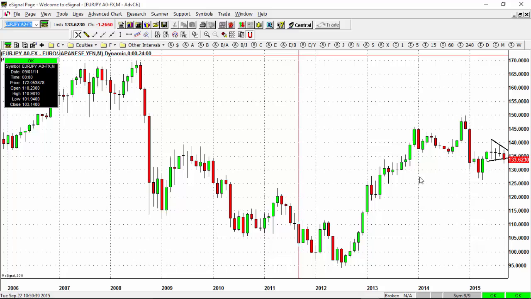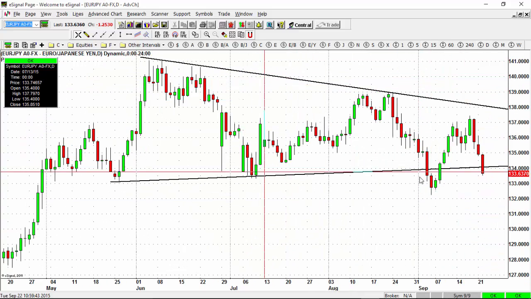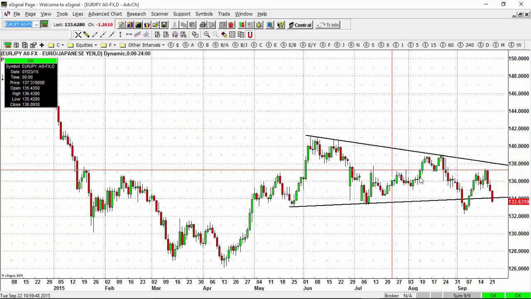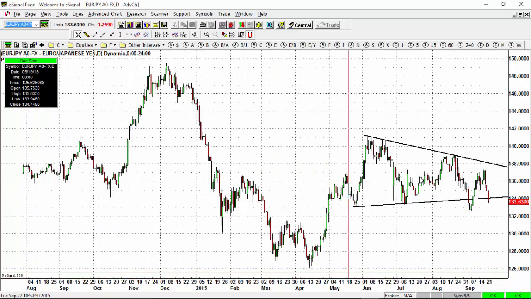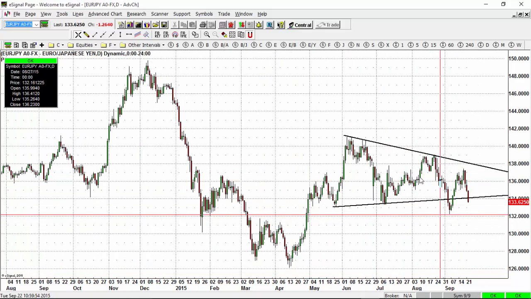For example, the euro versus the Japanese yen. Taking a look at the daily chart, we see that this market is heading on the way down with the euro weakness, and the next area we're looking to see is if this market can close below this 132 level. If the market closes below that level, that would be fairly bearish for this market.